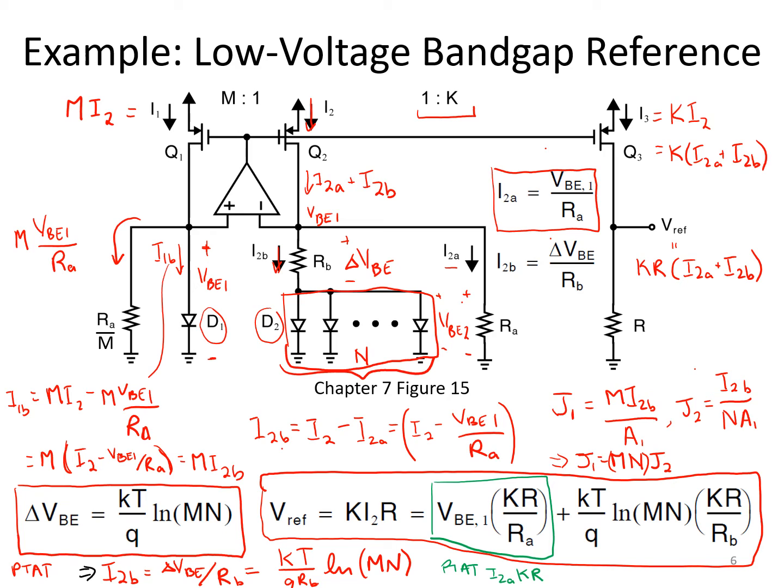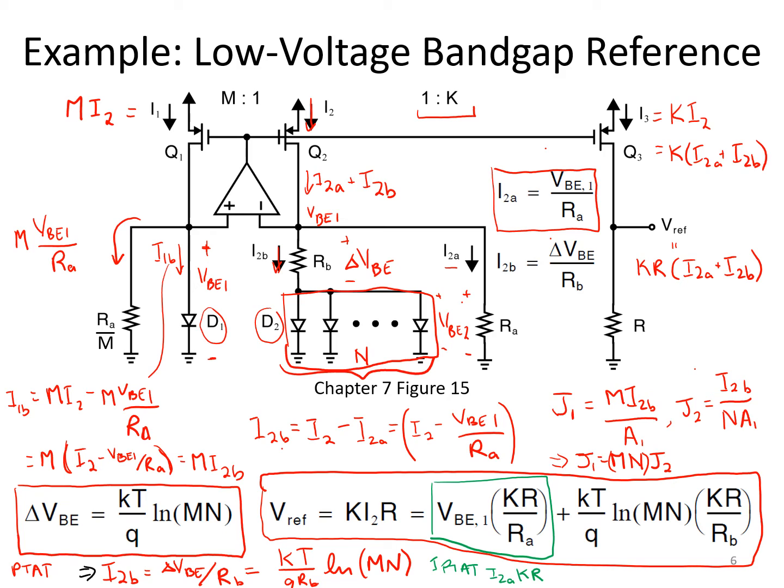So this first term here in green has the VBE1 voltage, which is the IPTAT quantity, and a bunch of ratios.